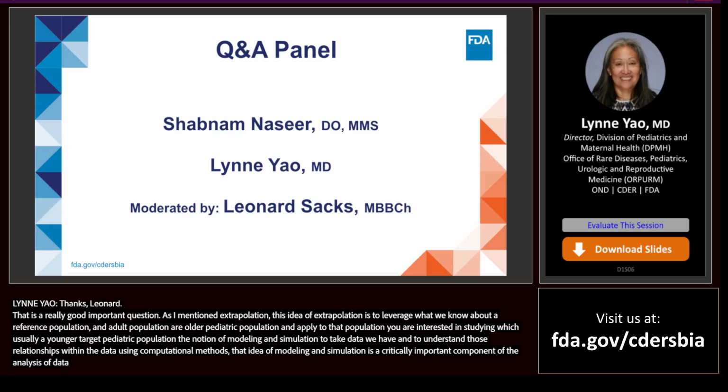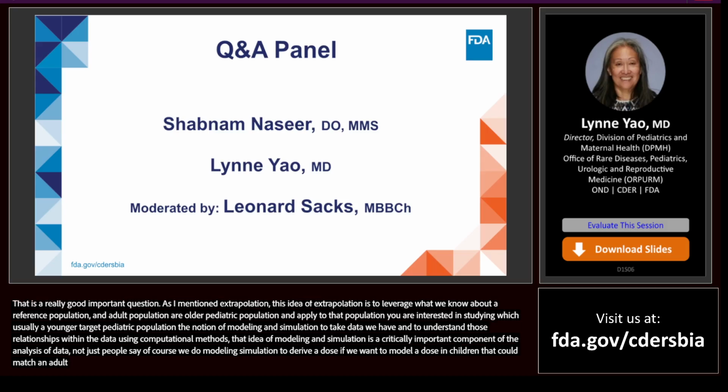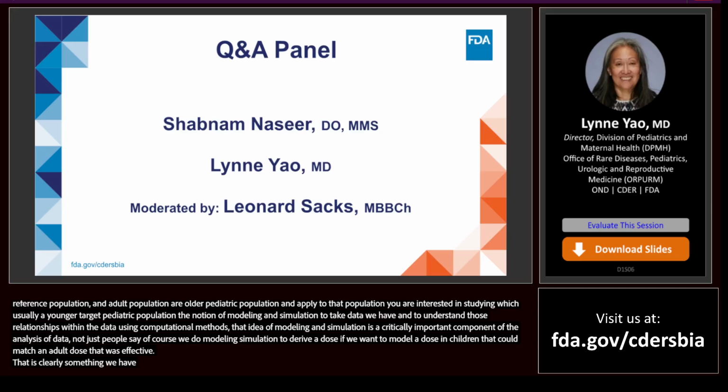People say, well, of course we do modeling and simulation to derive a dose, if we want to model a dose in children that could match an adult dose that was effective. That's clearly something that we do in overall drug development. But I want to point out another important place where modeling and simulation can be useful, which is in evaluating the data that we have that supports similarity between an adult and pediatric population.